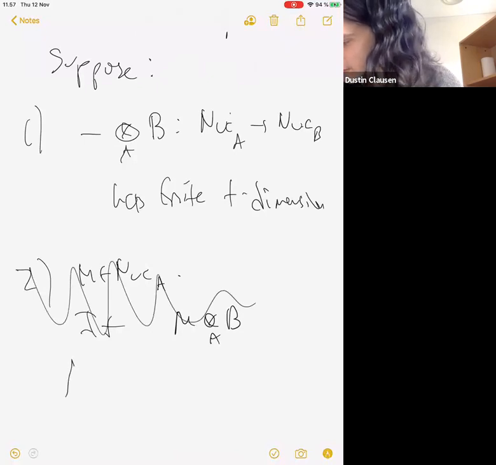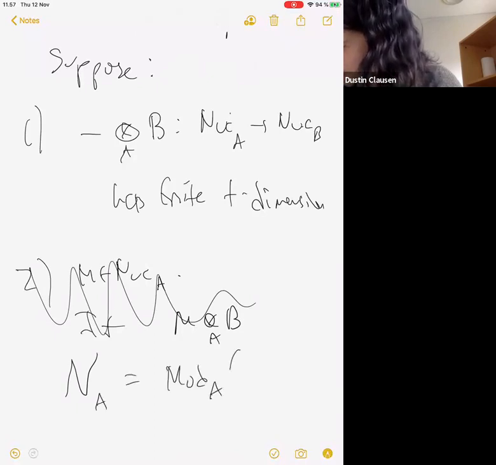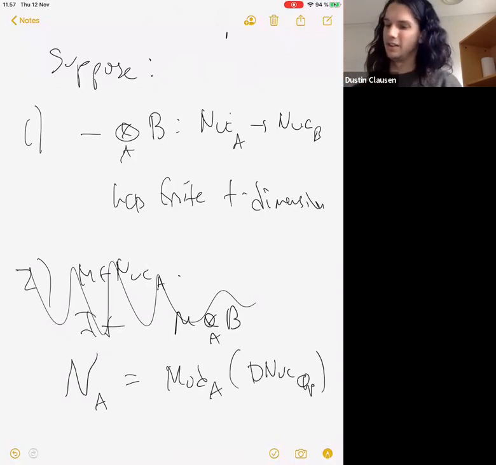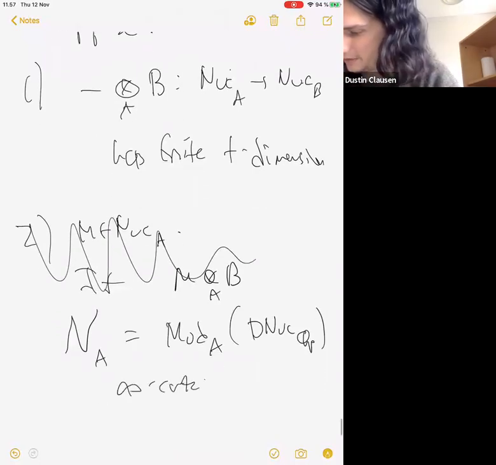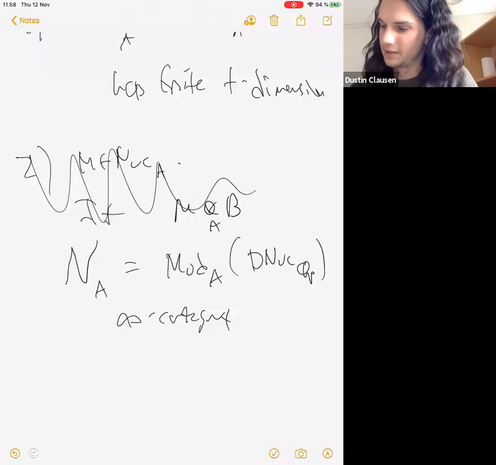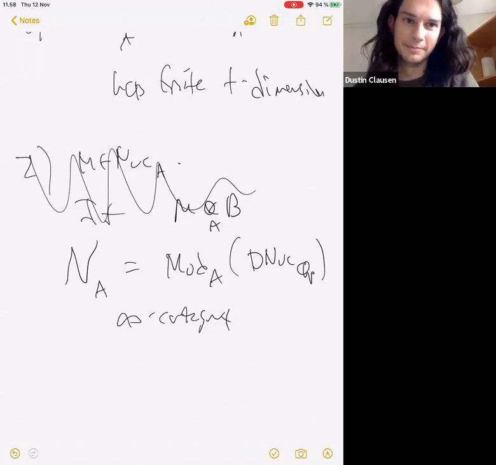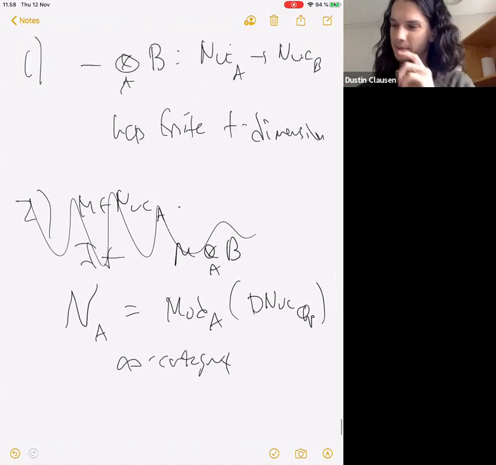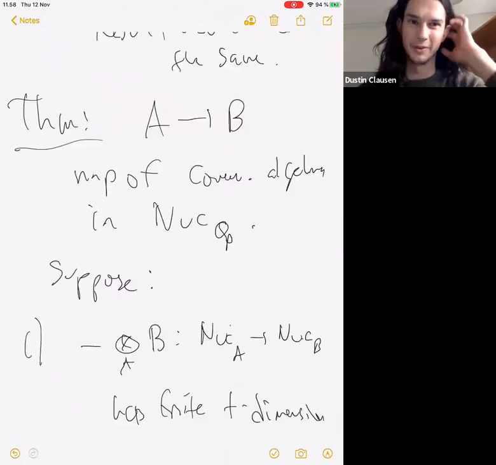Let me write N_A for the derived analog of Nuc_A. So this is now a stable infinity category. I look at objects in derived solid Q_p-modules whose homotopy groups are all nuclear, and I take A-modules in there. So N_A is probably the derived category of Nuc_A, but I don't want to think about whether that's the case.